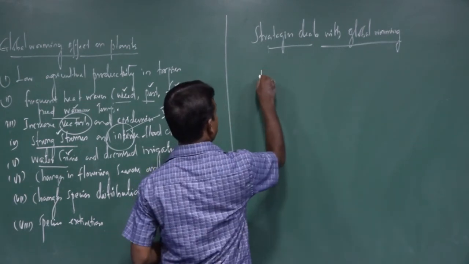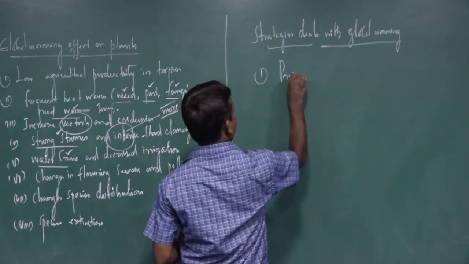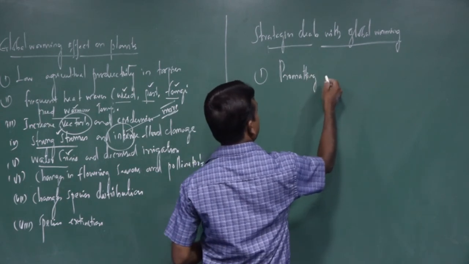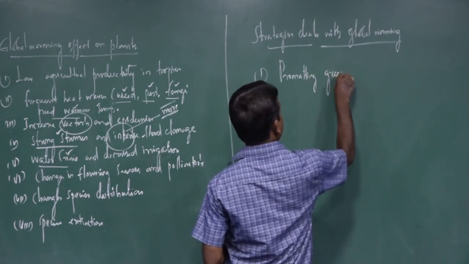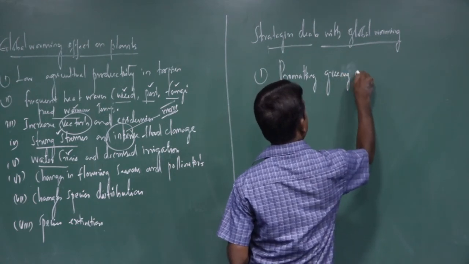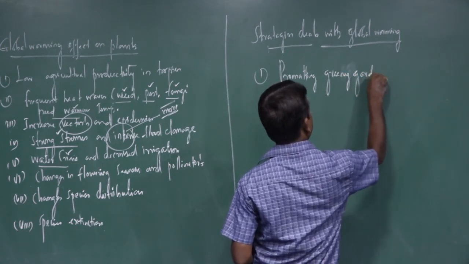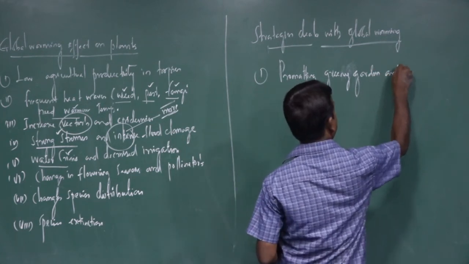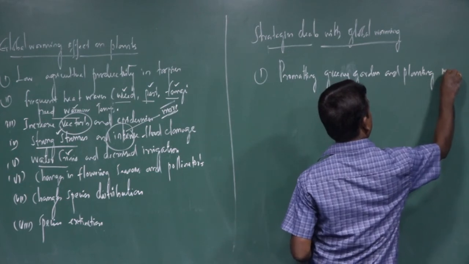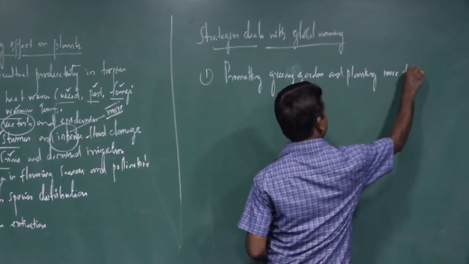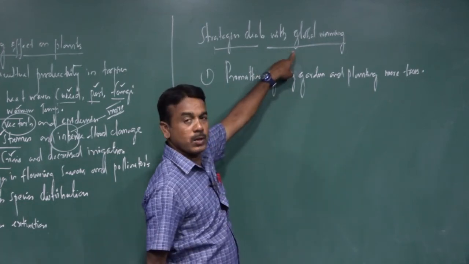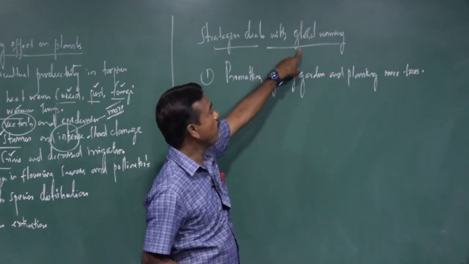The first thing, promoting green gardens and planting more trees. That is the only way to conserve or reduce the level of global warming.